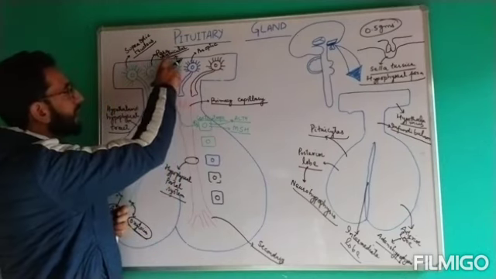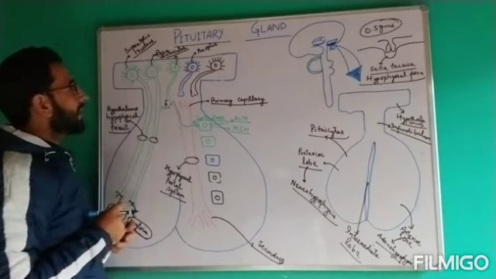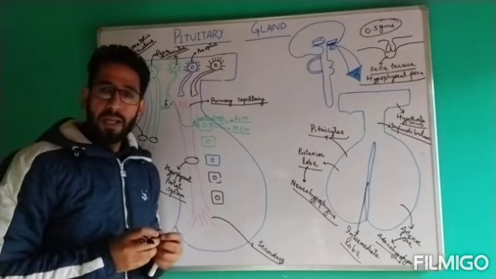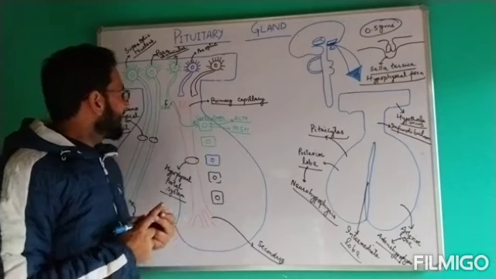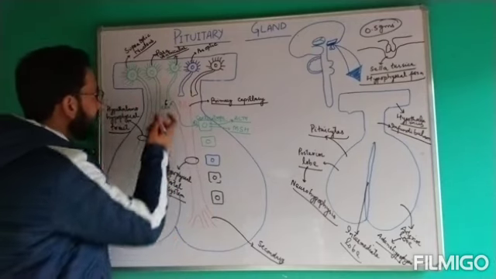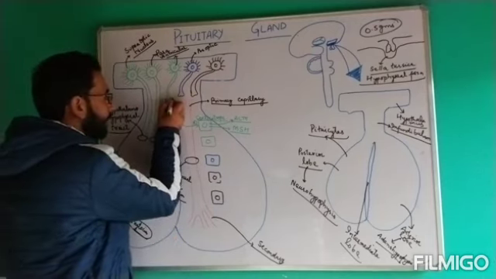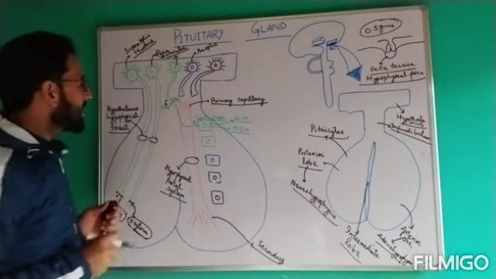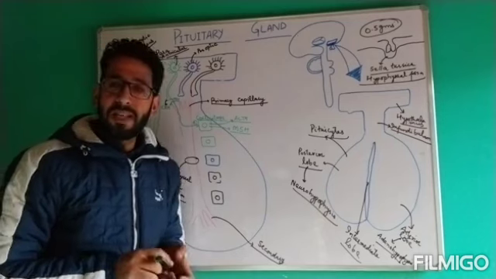No, before that let me tell you, sorry, the paraventricular nucleus releases one more hormone. This paraventricular nucleus secretes one more hormone that is called TRH. TRH means thyrotropin releasing hormone.